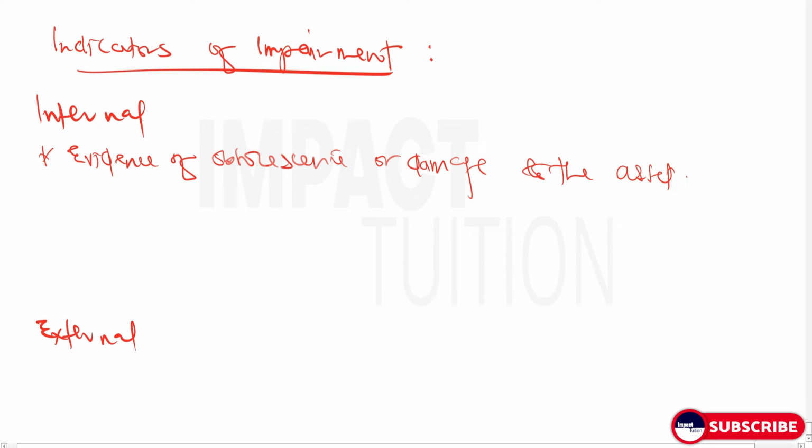So, the first internal indicator of impairment is if the asset is obsolete or there is evidence of physical damage to the asset.